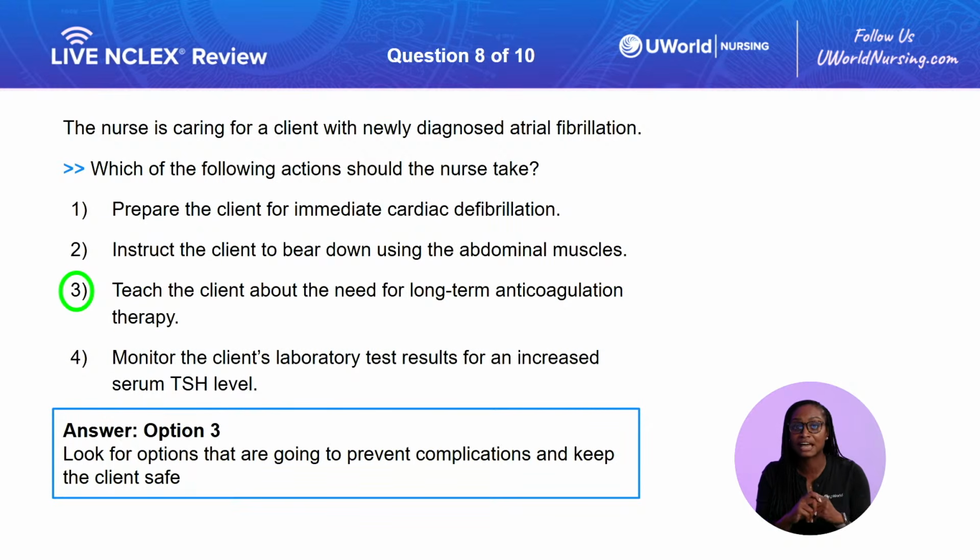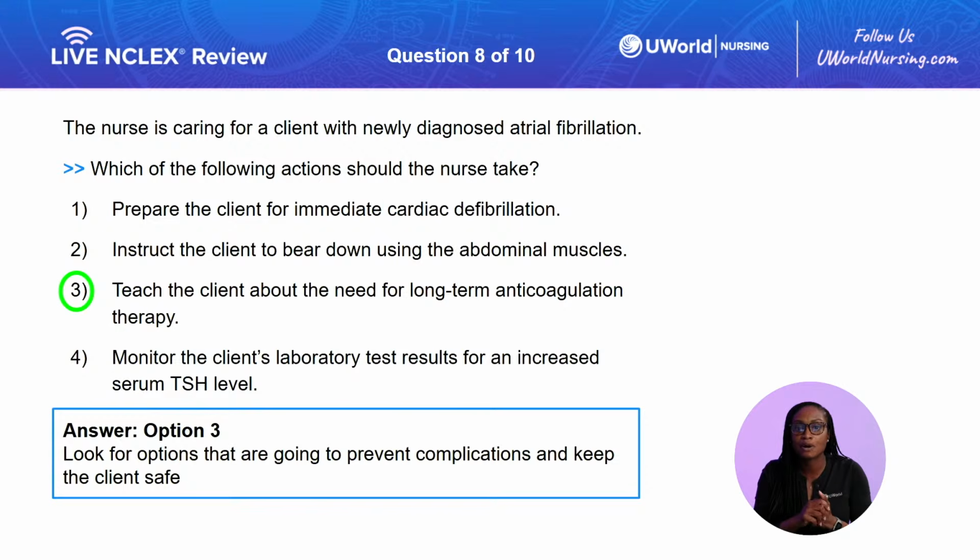Option 1, prepare the client for immediate cardiac defibrillation. We don't defib AFib, we defib V-fib, so that would be incorrect. We would actually do a cardioversion instead if we really wanted to get them out of atrial fibrillation, but not defibrillation. Option 2, instruct the client to bear down using the abdominal muscles. This again is not used. That would be something that we could do for SVT or a super tachycardic rhythm, not necessarily for atrial fibrillation.